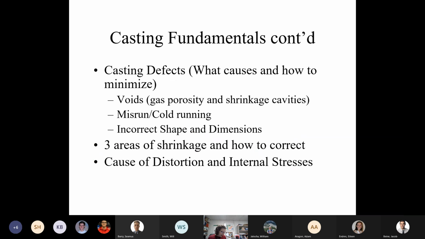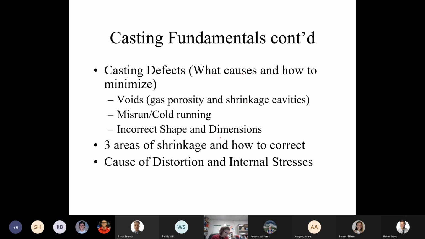I think, again, casting defects, some of this we already talked about. So for the defects here, we should be aware of what causes them and then how to minimize them. So the gas porosity and then the shrinkage cavities, this would be the location of the last liquid to freeze. The misrun or cold running, that's where the fluidity is not high enough and the mold just doesn't fill.